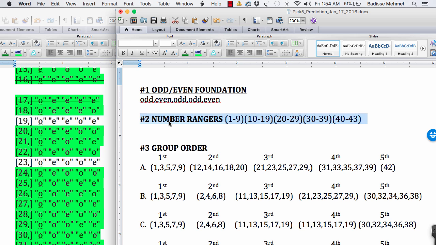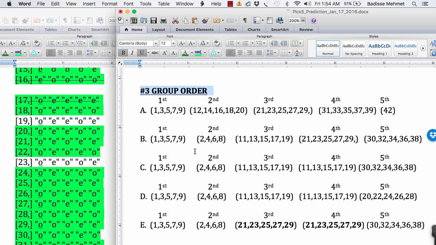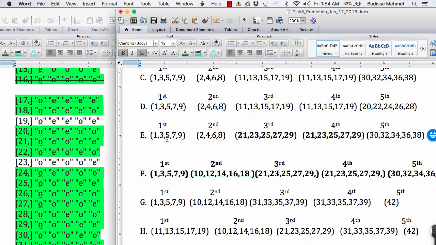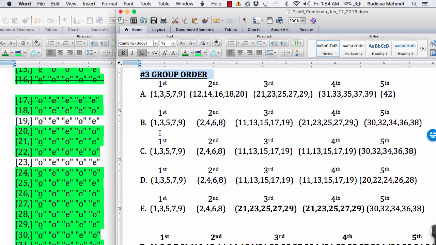Then you must think about the number ranges you're going to work with in your state. Look at the past winning numbers and come up with your number ranges, okay? And then third, you must look at your group order. Look at all the group order combinations, and then start deducting the group ordering by looking at the past winning groups, just like we did with the odd even patterns. And then you'll figure out which groups you should be playing in.